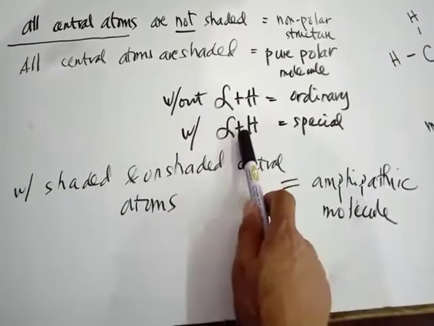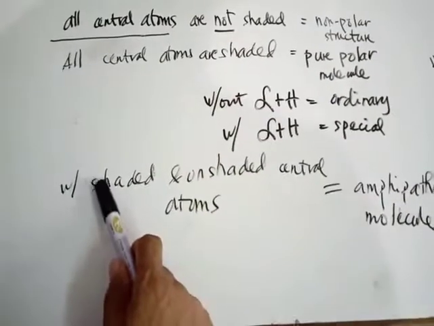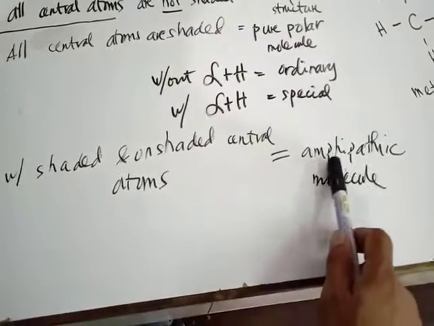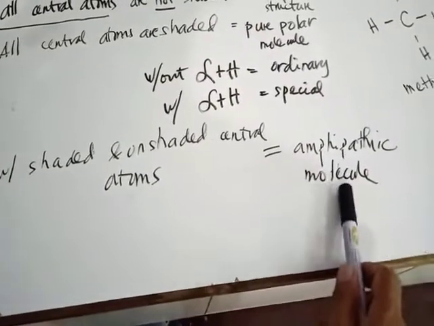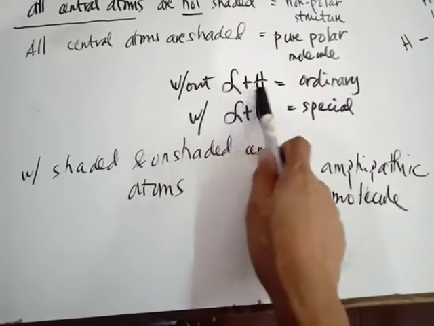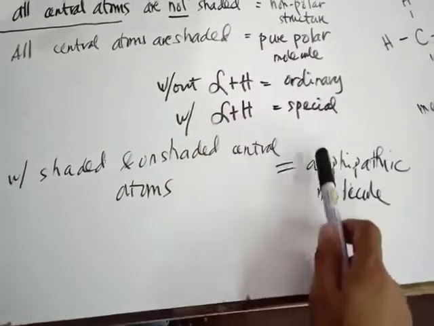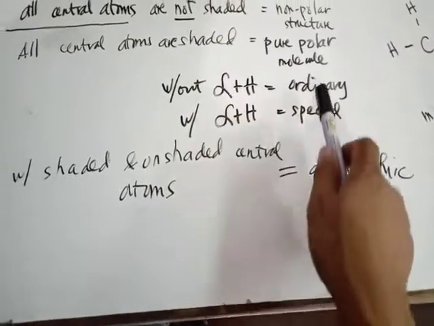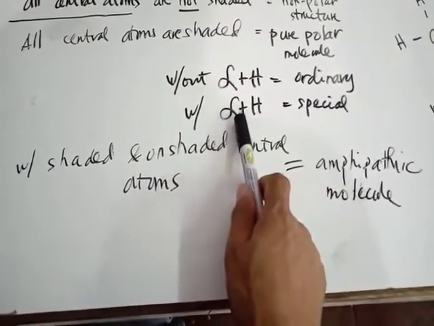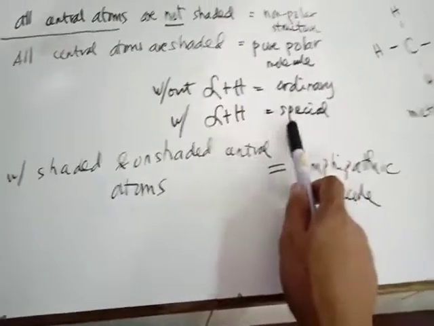With partial hydrogen, that is special pure polar. If there are shaded and unshaded central atoms, then the molecule is amphipathic. Same with this, if there is no partial positive hydrogen, then the amphipathic molecule is ordinary amphipathic. But if there is partial positive hydrogen, then the amphipathic molecule is special.